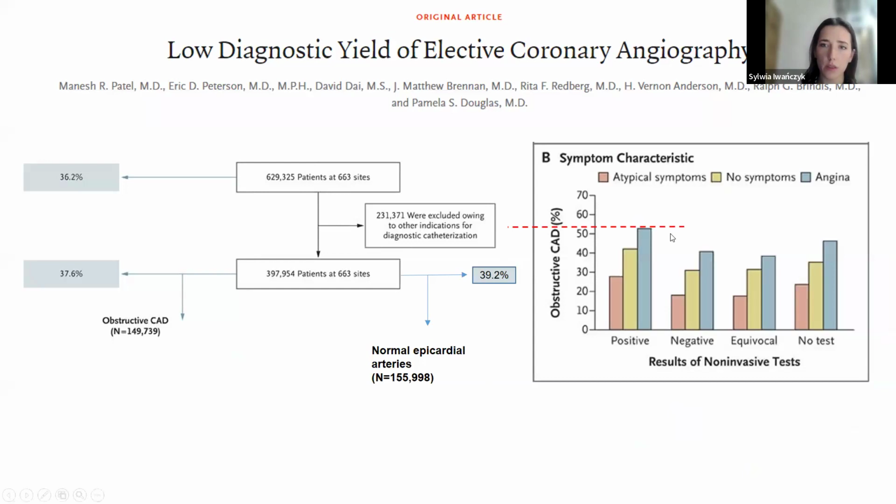But what is interesting, look at these results: in the group of patients with a positive stress test, in only a little more than 50% of patients is there obstructive coronary artery disease. So in a little bit more than 40% of patients, the coronary arteries are normal.